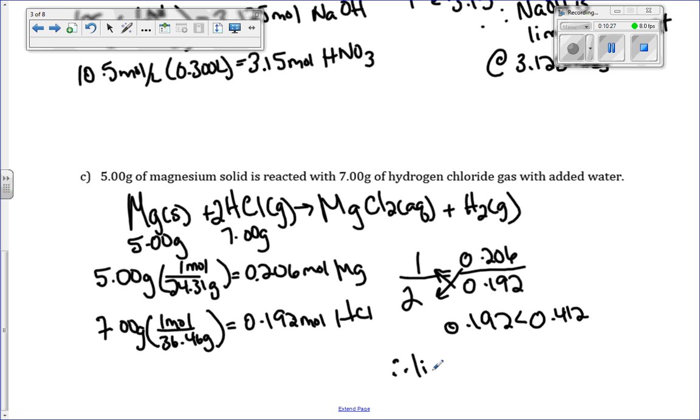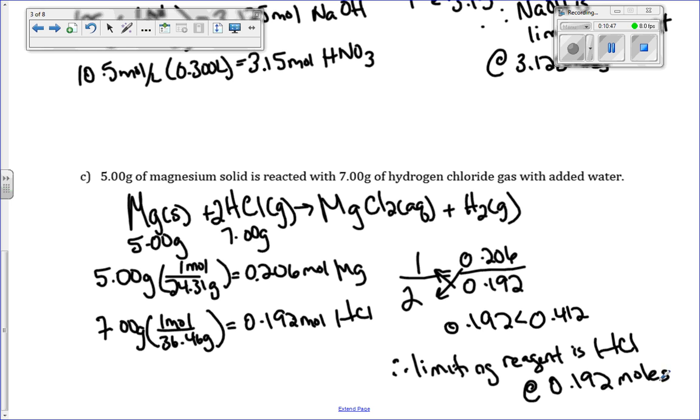Therefore, the limiting reagent is going to be hydrogen chloride gas at 0.192 moles.